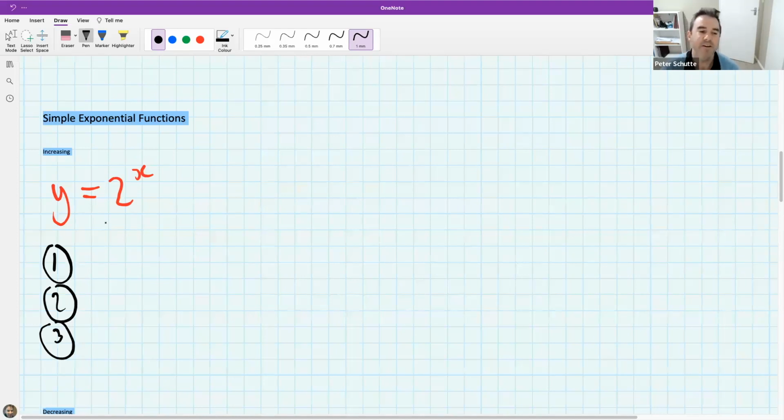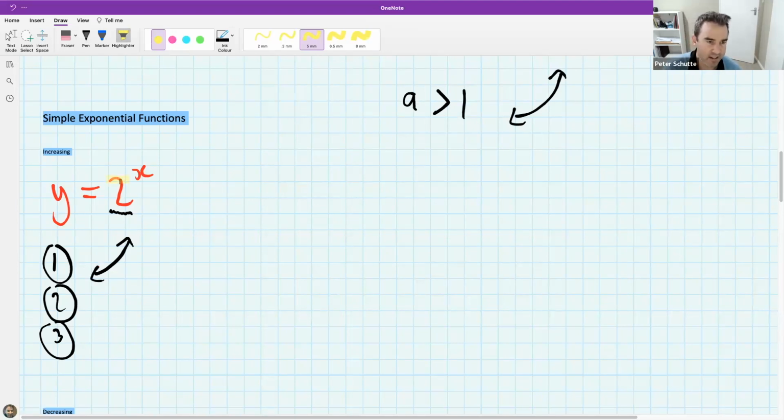If the value over here is positive, well, not even positive, if A is greater than 1, the shape is going to look like this. So I'm going to draw a little thing like that. So it's what we call increasing. If A is greater than 1, and A being this value here, it's going to be increasing.